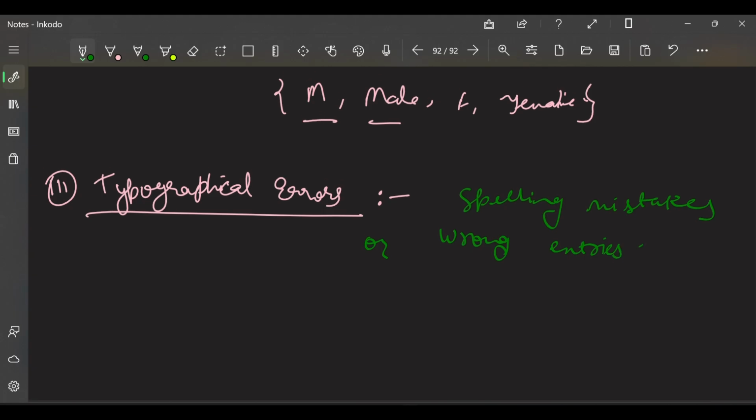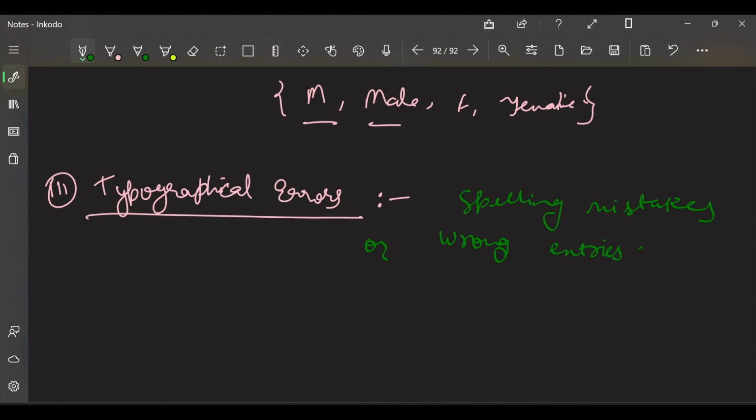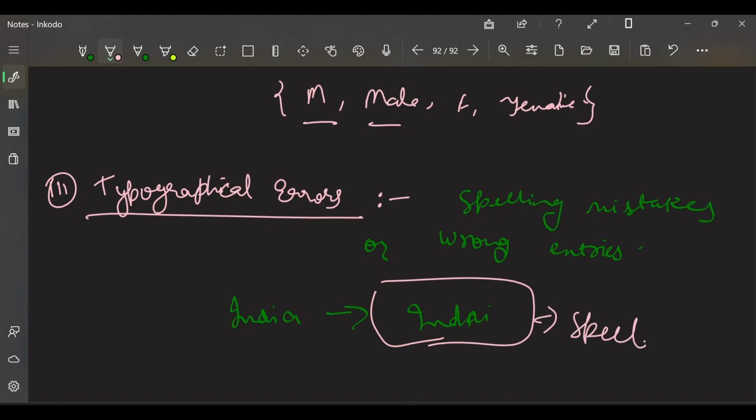For example, suppose in your dataset India is written as INDAI. There is a spelling mistake here. This is called a typographical error.